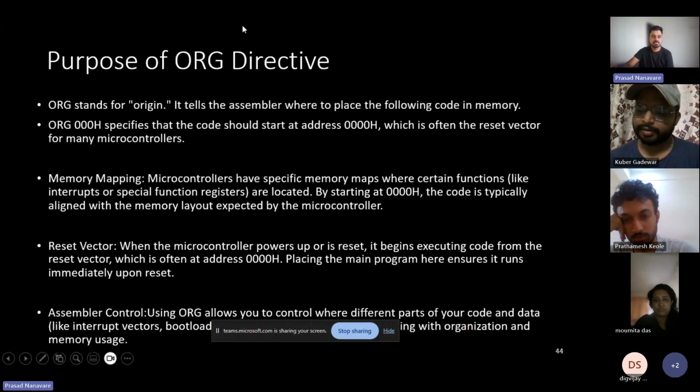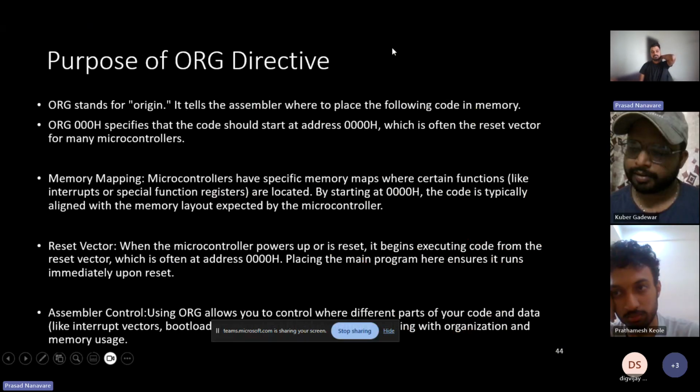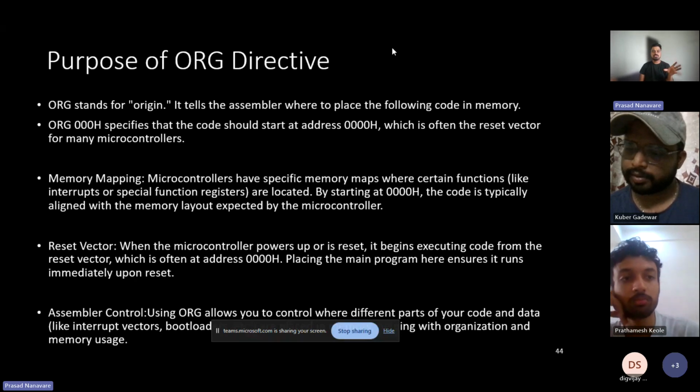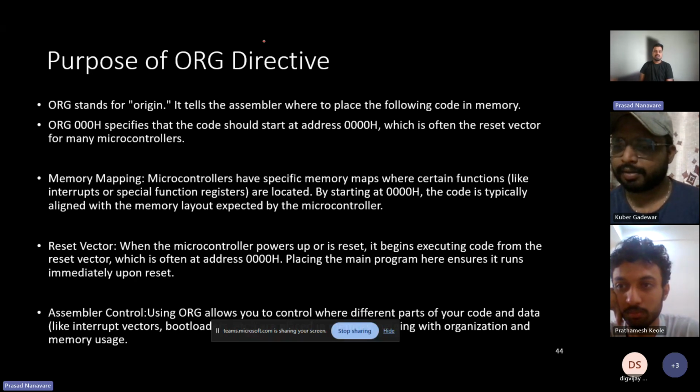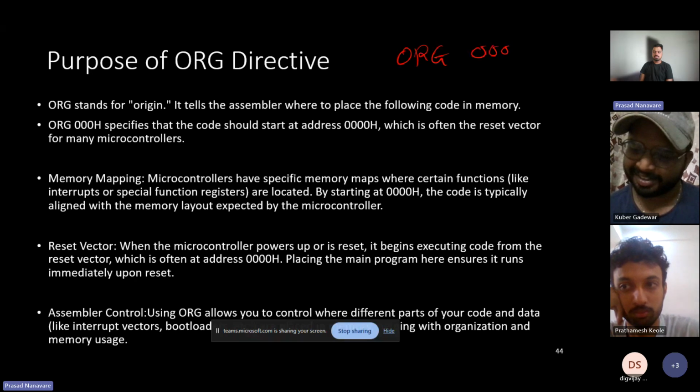So the purpose of the ORG directive. ORG is the origin, where the main function should load, where the actual address should start from. So why should we always use ORG 0000h in our code? It is because of the reset vector.